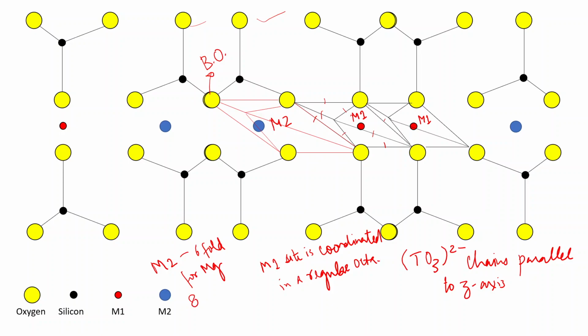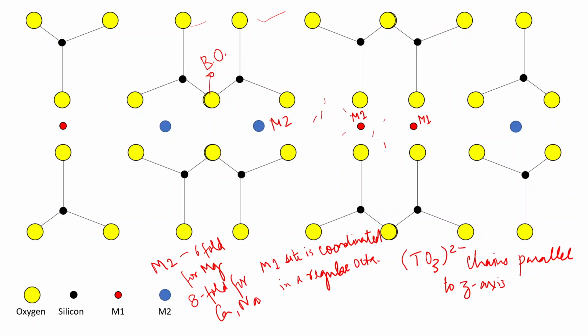It will be eightfold for calcium or sodium. Okay, so here this is a very easy diagram to make. Now if you wish to draw it, I'll just show you how to draw this octahedral coordination.